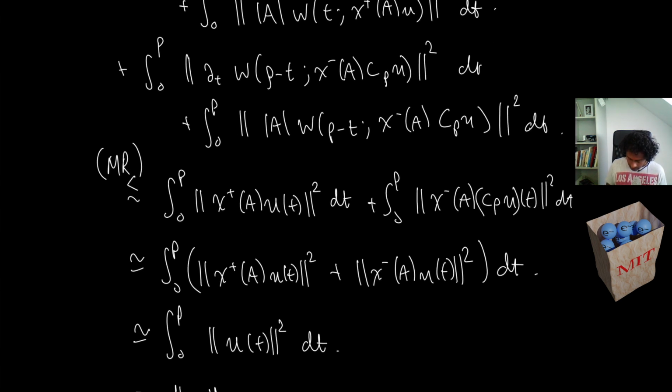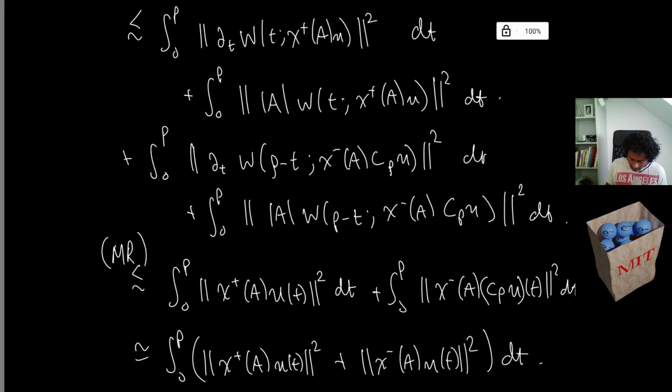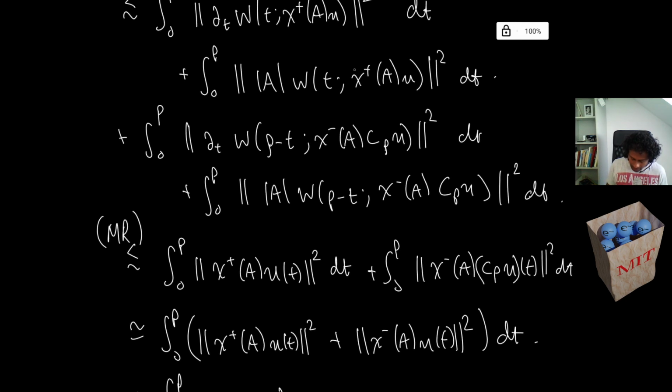Yes. I mean, not in the data, but I'm just reminding what this integral is. Here, I'm applying the chi plus of A pointwise to the U of t, right? That's what we get when we get the maximal regularity bound. So maybe I should just say that for the benefit of others. When we get the maximal regularity bound, remember, this is really on the cylinder.